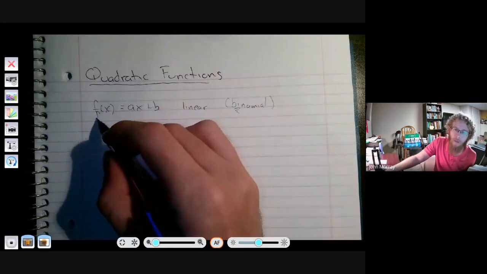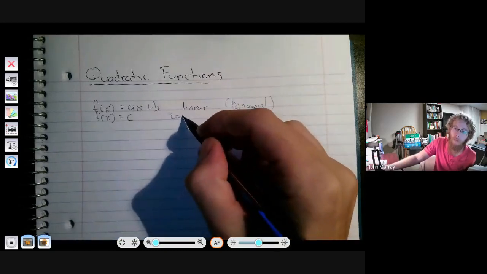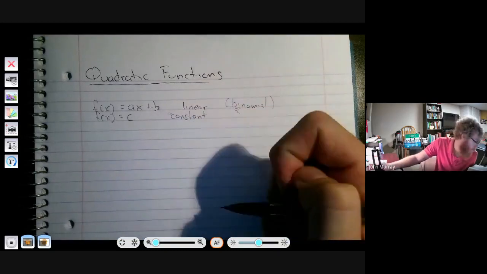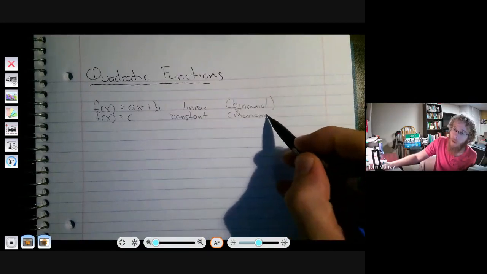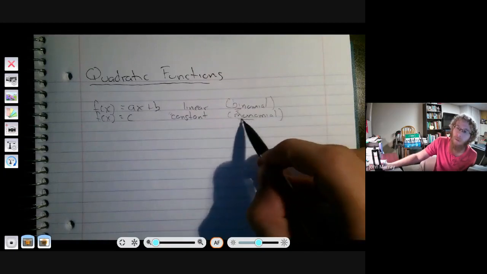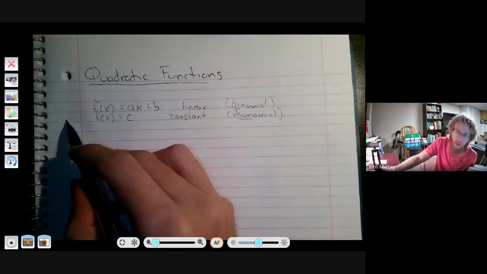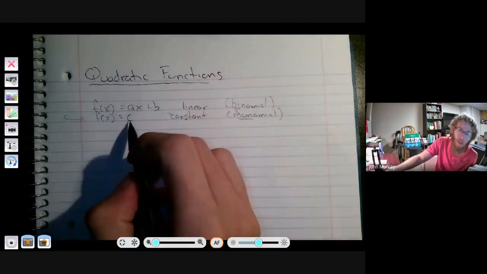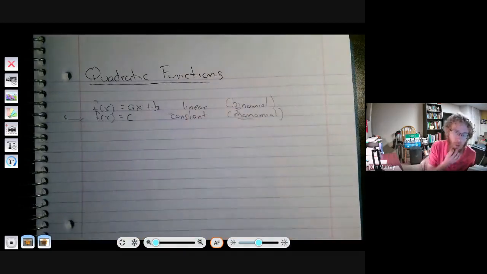We also have what's called a constant function. This would be a monomial, mon meaning one, okay? And this would just be a number. So if you graphed it, it would just be a straight horizontal line at whatever value this is, right? If it's 2, it goes across the 2 on the y-axis.